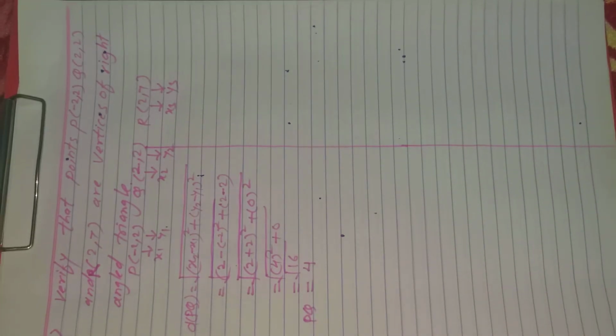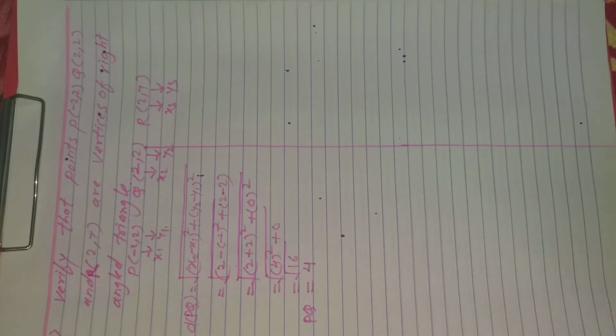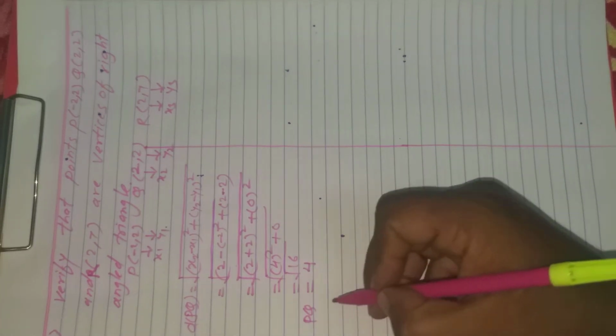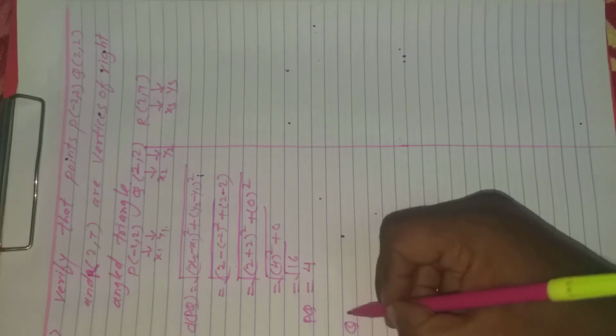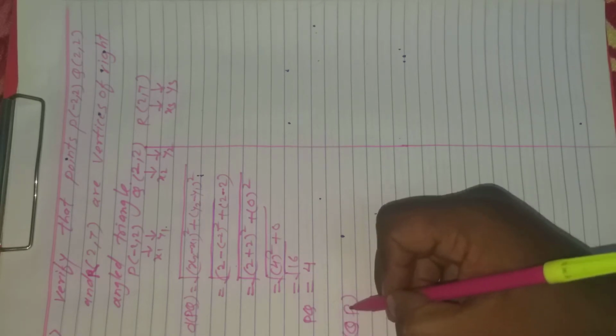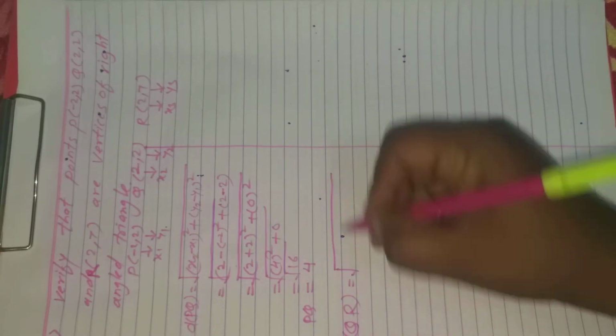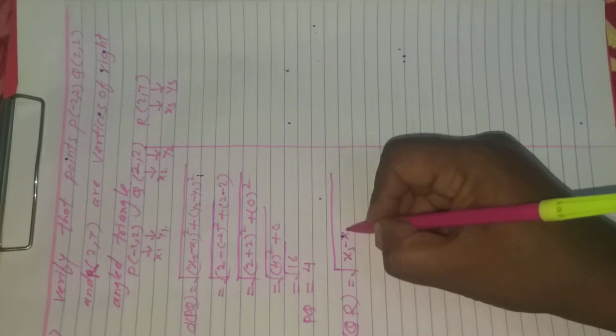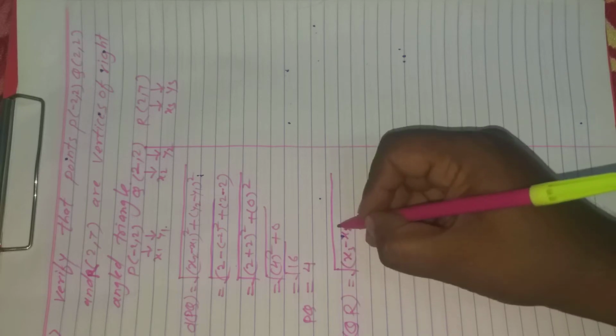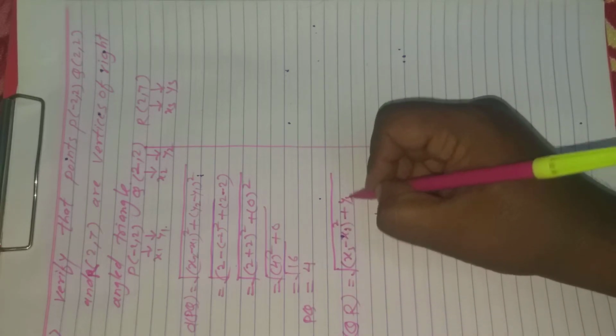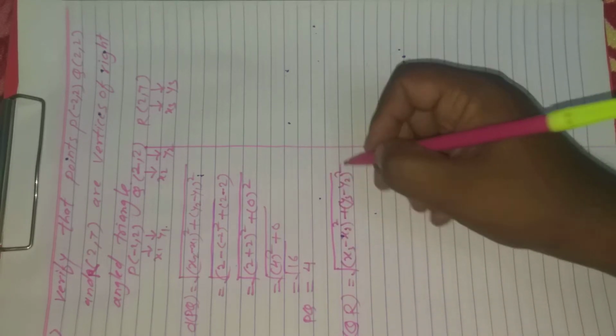Then similarly we will find the distance of QR. Distance of QR, we have to write the formula first: square root of (x3 minus x2) square plus (y3 minus y2) square.